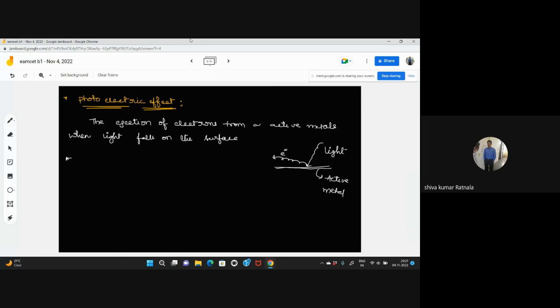Whenever light falls on a metal, each and every metal has a characteristic wavelength or frequency, which is known as the threshold frequency, for the ejection of electrons.